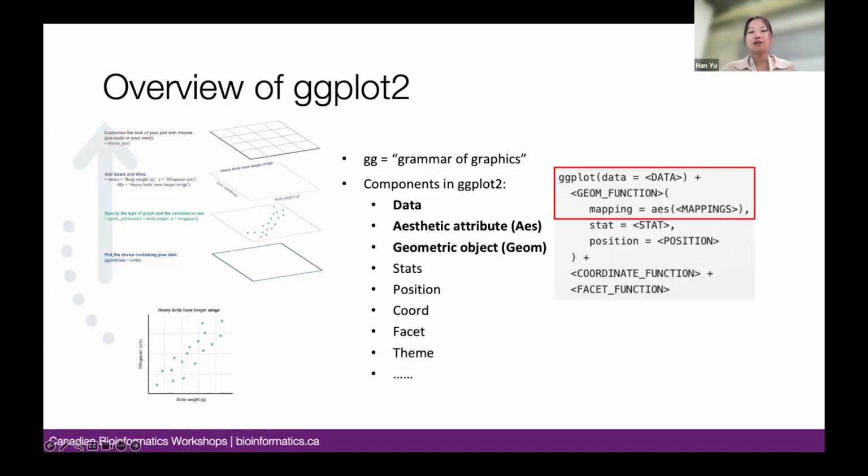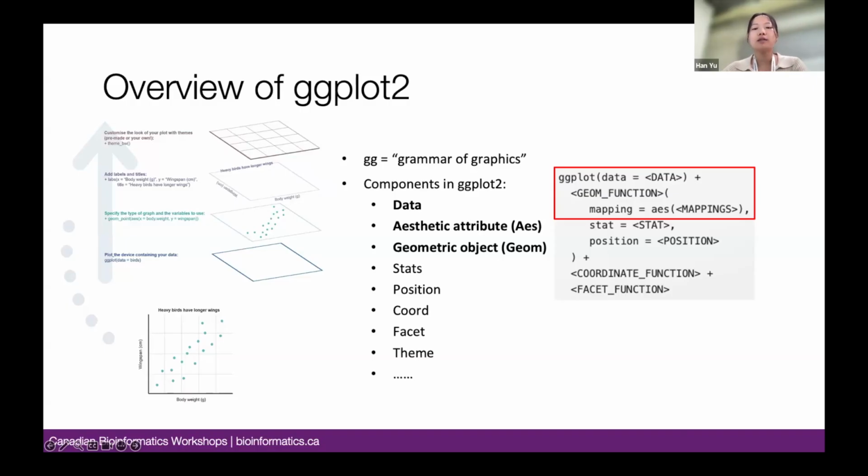Imagine first we put the data set into the device, and second, we create a new layer to specify the type of graph and the variables to use. And then we create new layers to add labels and titles to the plot. And last, add a new layer to customize the look of the plot with themes.